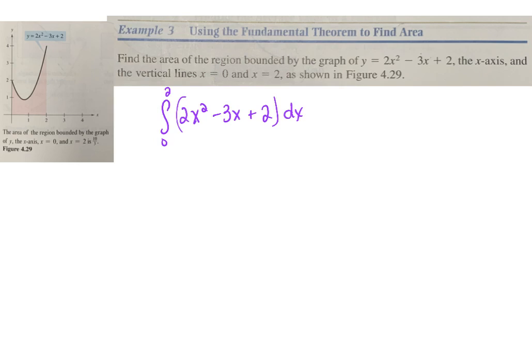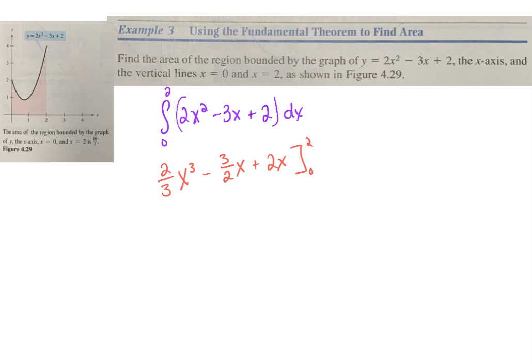You could do the 2x squared from 0 to 2, the negative 3x from 0 to 2, and the 2 from 0 to 2. I don't do that. I actually do the whole thing and plug in my 2, subtract, plug in my 0, or whatever number I have. So I do them all together. So this would be x cubed over 3 minus x squared over 2 plus 2x for my antiderivative, and I would do all of that from 0 to 2. You could do them individually.